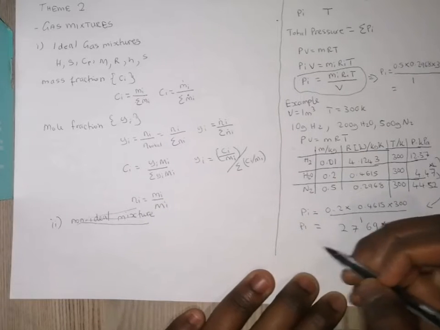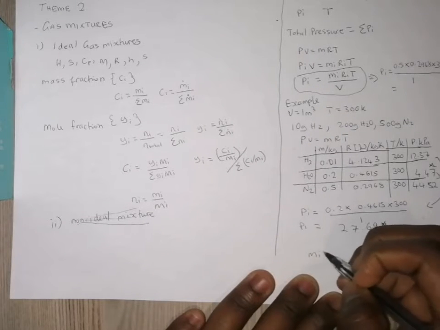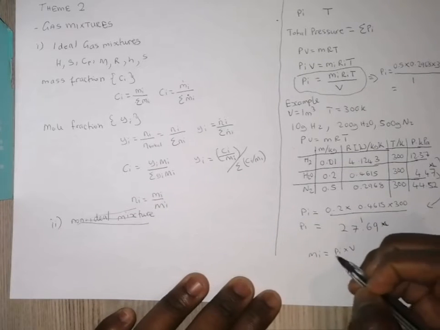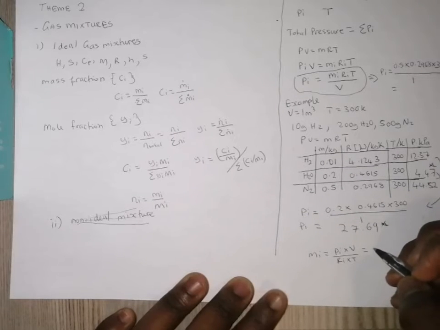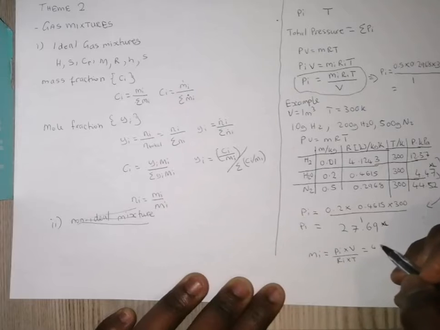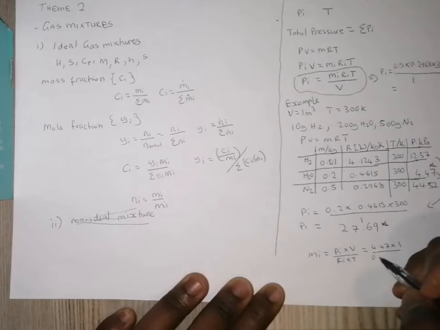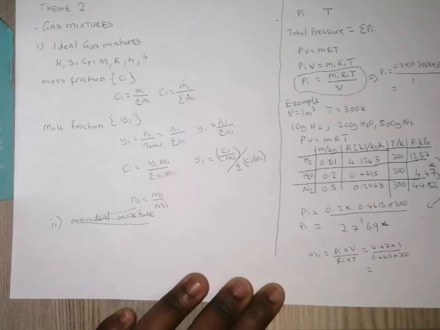So what we now say is, using this, Mi is equal to Pi times V over Ri times T, which is equal to the pressure 4.47 times 1 over R, which is 0.4615 times T, which is 300 Kelvin. So we're just going to punch that into the calculator and see what it gives us.